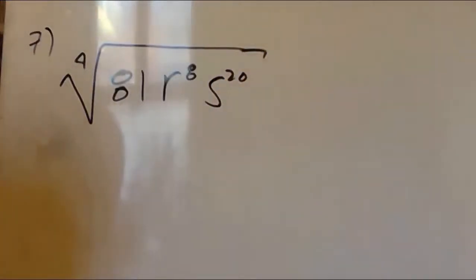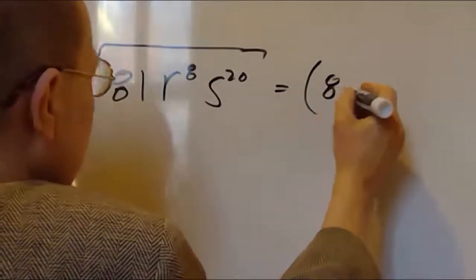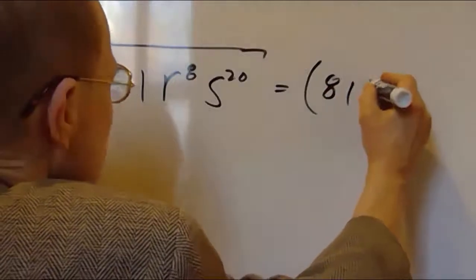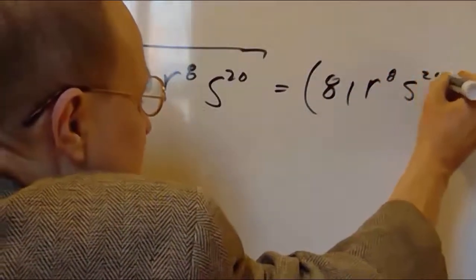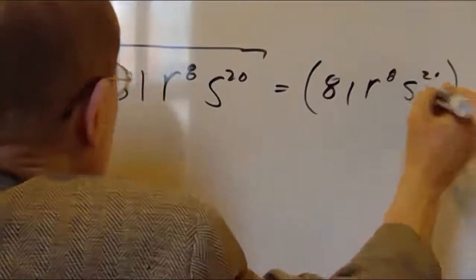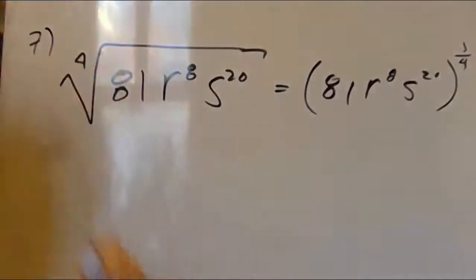And we're going to do the same thing. So first we're just going to put that in a bracket here, 81 r to the 8th s to the 20. And we see that it's going to be over 1/4 since it's to the 4th root.